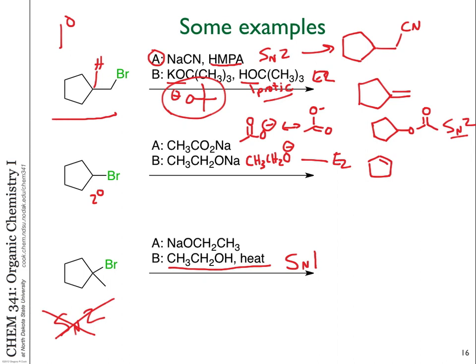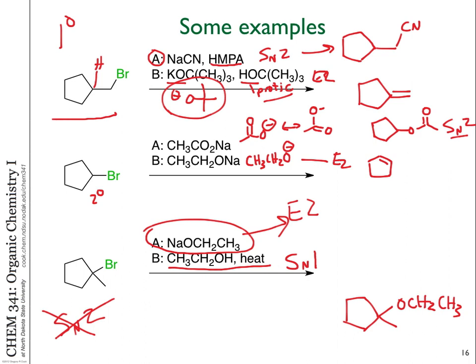SN1. Okay. So that would just give you a substitution where we put the ethanol. That's the only nucleophile present. Ethanol will replace the bromide. And in the top case, strong base, it'll favor E2.